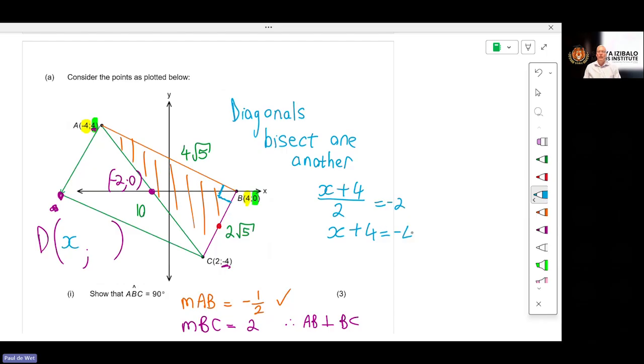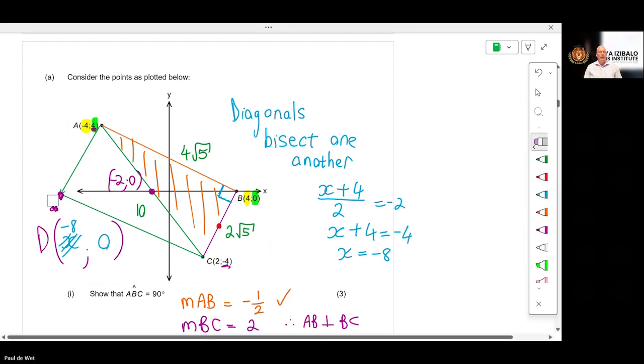Yeah, okay, well done. -8, well done, okay. X equals -8, okay. And what's the y value? The y value is 0 because obviously halfway between 0 and 0 is still 0, okay. Well done. All right, and you said you had two methods. What's your other method?